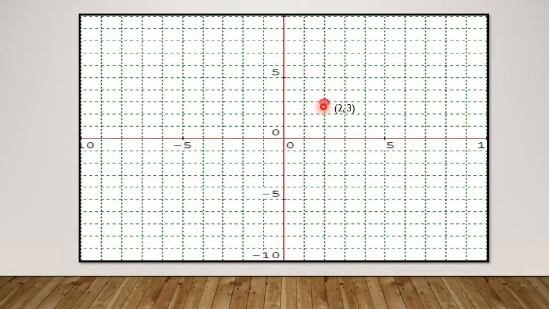So that is the point. Another one, 0, negative 1. And the other one, negative 3, negative 7. So we have the ordered pairs plotted, and you're going to connect them with a line. So that's it. This is the graph.